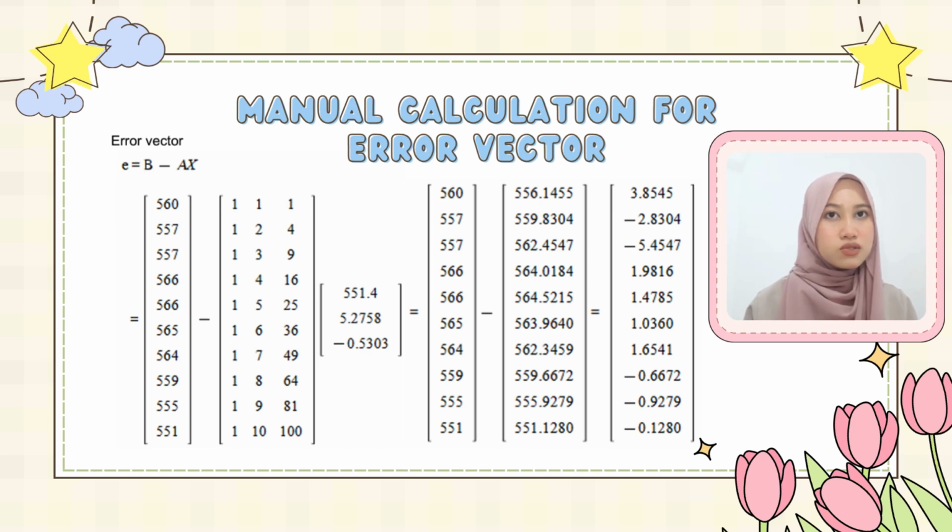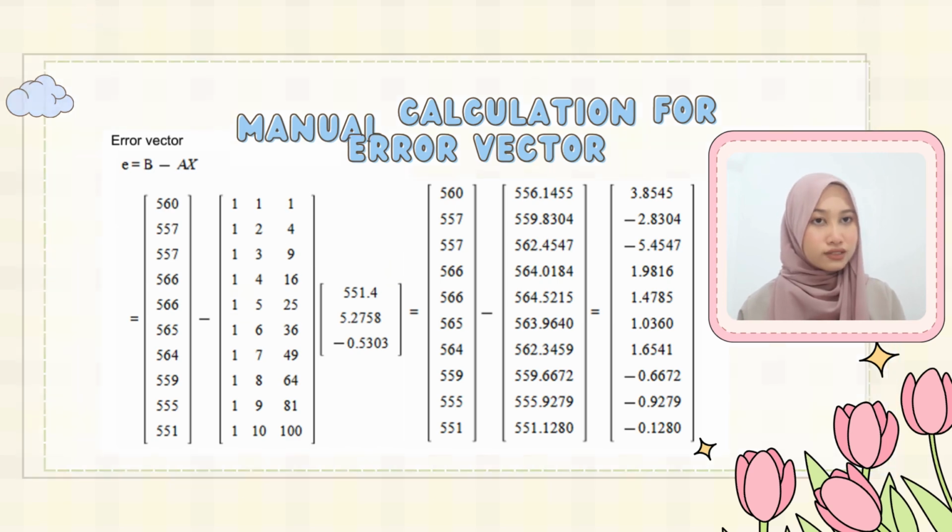And then, by subtracting the predicted values from the actual data B, we get the error vector, which is displayed in the last column. Each value in the error vector shows the difference between the actual and the predicted unemployment for a specific month. These small differences suggest that our model captures the general trend quite well.